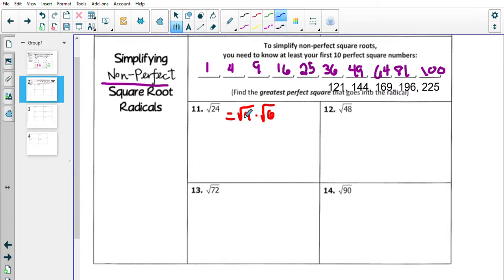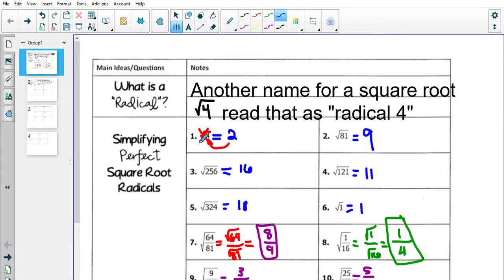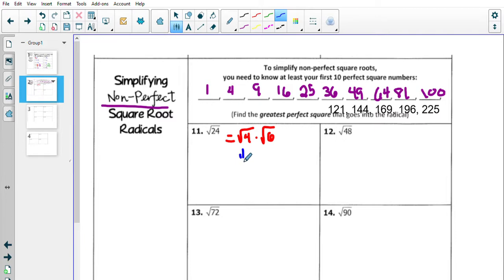This is just another way to write it. What's nice is 4 is a perfect square. The square root of 4 is the same as 2, so I can rewrite the square root of 4 as 2. And the square root of 6 is not in our list, so it has to just stay.